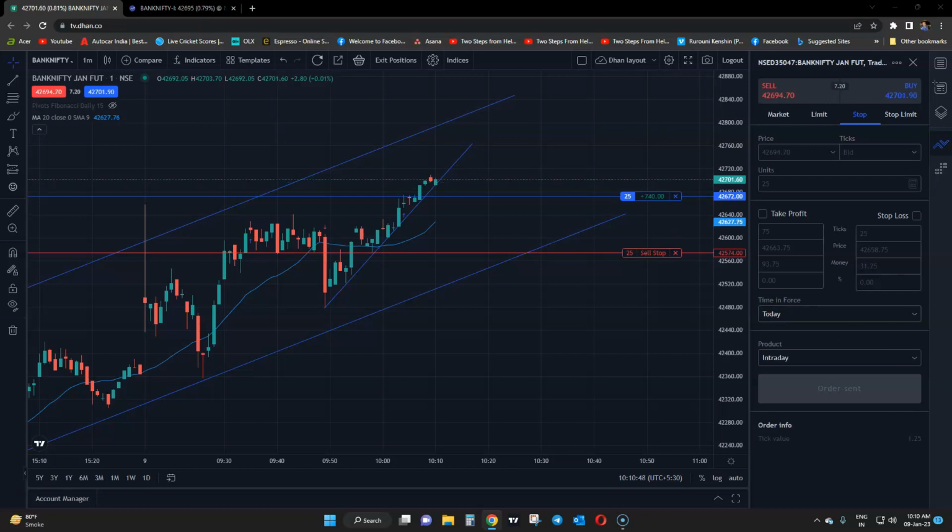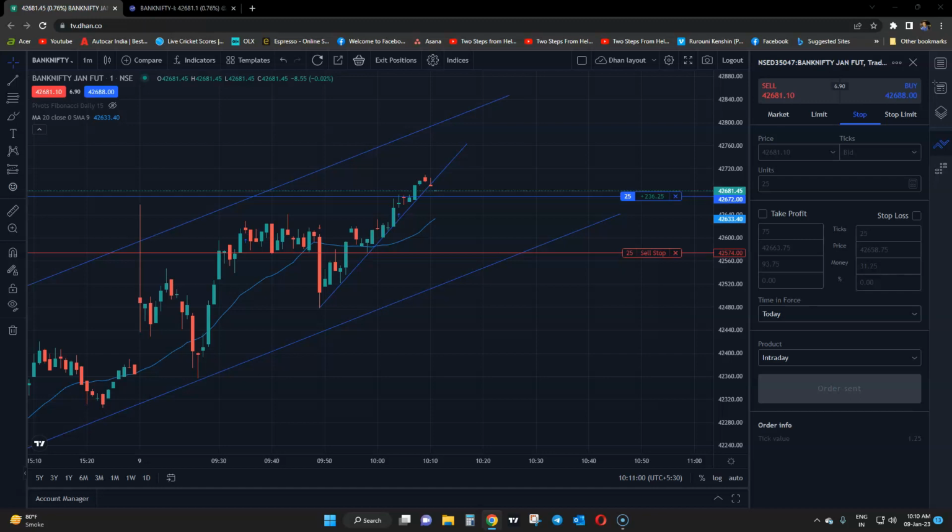On what basis have I come up to the conclusion that it will go till there? Well, just based on the size of the first leg. That's where I think this end of the second leg would be. And if you consider the initial huge leg, then the move can go up till 42967.